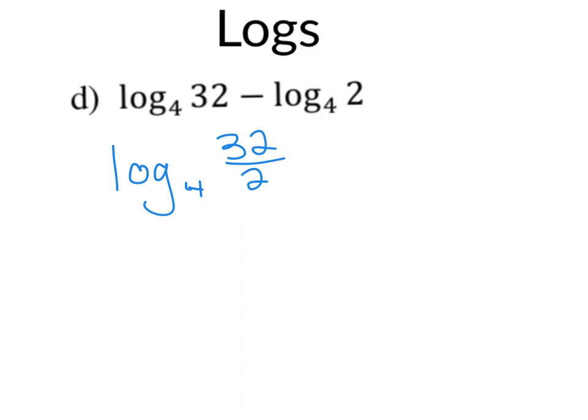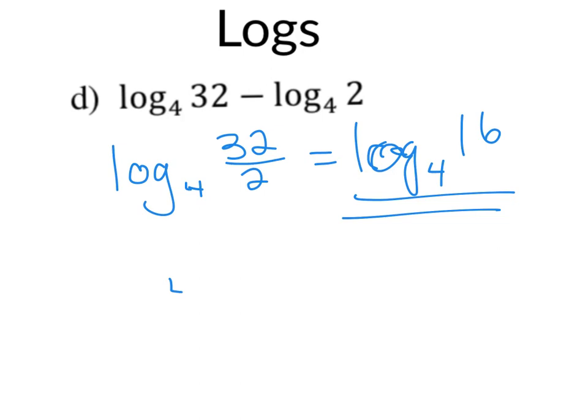And now we can simplify that, which is log base 4 of 16. And we can actually evaluate this because we know that 4 to what power is 16, and that means it is 2. So when we evaluate this log, we get 2 because 4 squared equals 16.